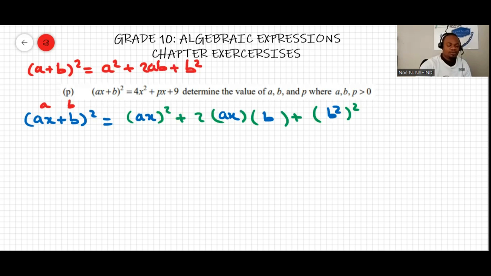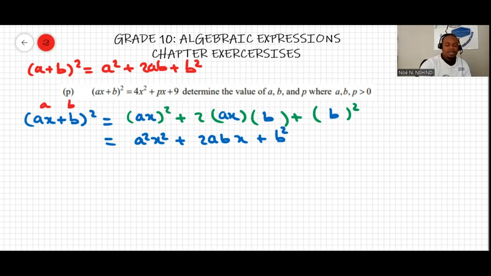Now this will be equal to a squared x squared plus 2abx, and then plus b to the power of 2. No, there it wasn't b squared, it was just b.